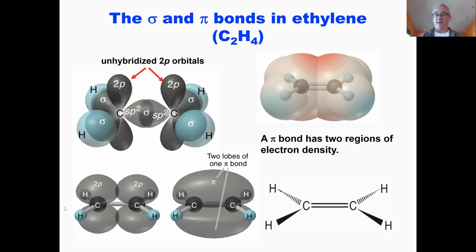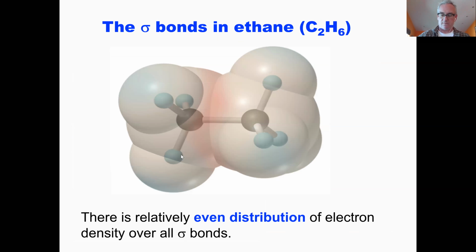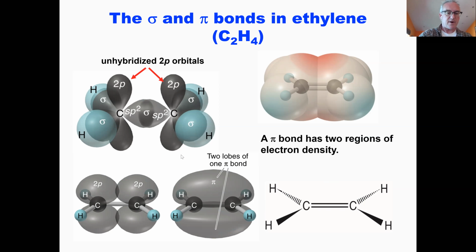So just remember, that's why the pi bond up here, oops, let me go back. The pi bond both above and below. So we'd have our pi bond up here, our pi bond down there. So we have much more density in the middle than we do here. So it's a less strong bond.